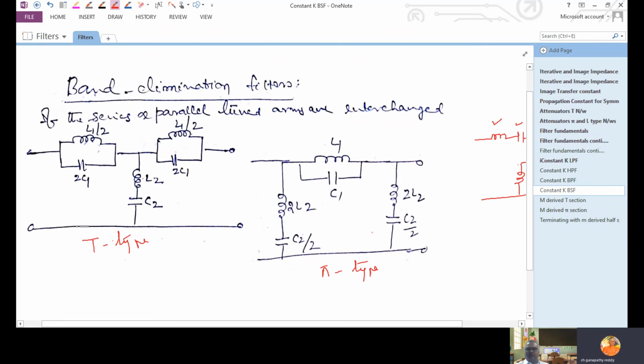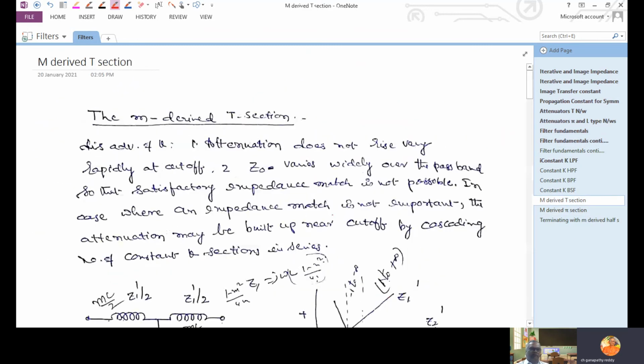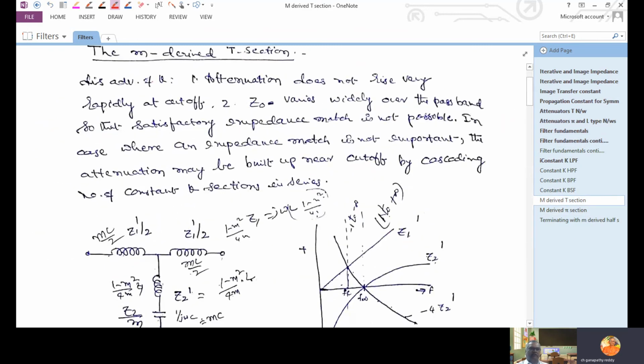M-derived filter. So what are the drawbacks of constant K? To eliminate the disadvantages of constant K, we go for M-derived. So what are the disadvantages? Attenuation doesn't rise very rapidly at cutoff.